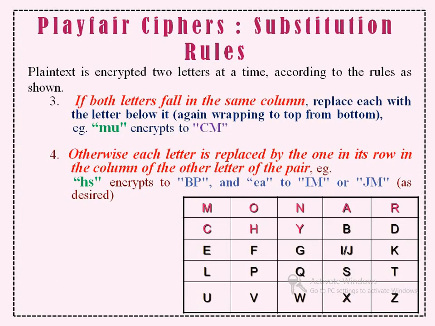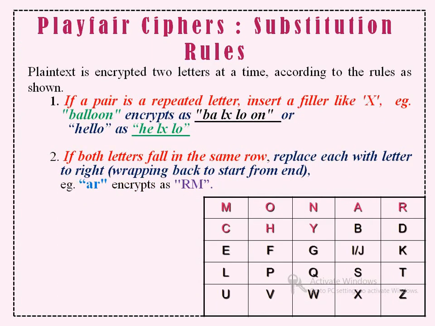So that's the first rule for the plain text, and the rest three rules are applicable to the key set that we have developed. The second rule was that if the two alphabets that we are considering fall in the same row, then each alphabet will be replaced by the very next alphabet on the right-hand side of the same row.